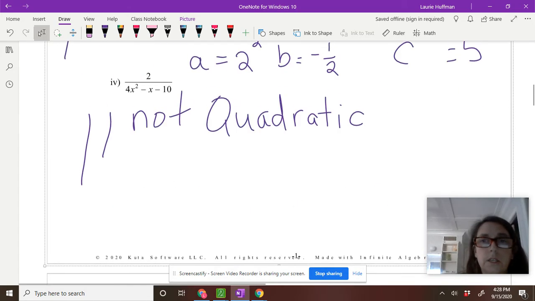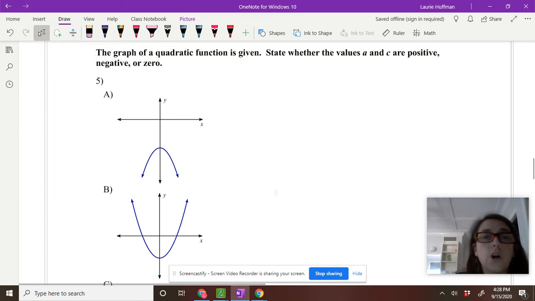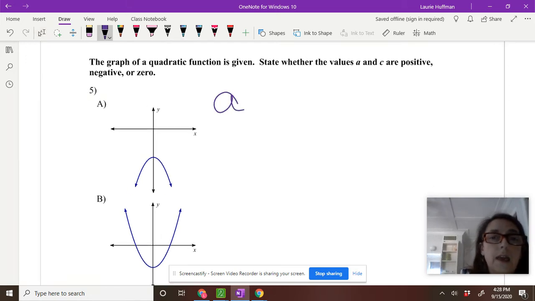All right, so we're going to look at some examples of graphs and then talk about the problem. It says state whether the values of a and c are positive, negative, or 0. So remembering that a tells whether the parabola opens up or down, in this first example the parabola opens down, so that means a is negative.